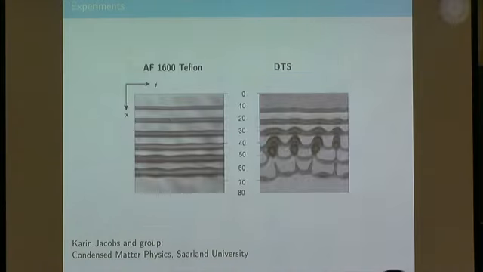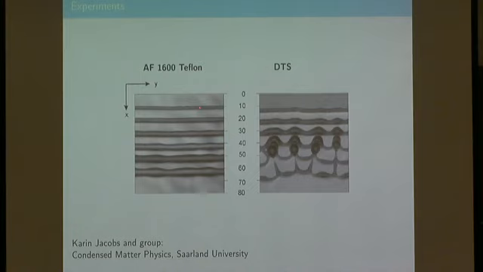Interesting is this one, some more recent experiments where you coat with, for example, DTS, and also coat the substrate with a Teflon layer, and change nothing else. Everything else remains the same, and you see completely, dramatically different patterns.